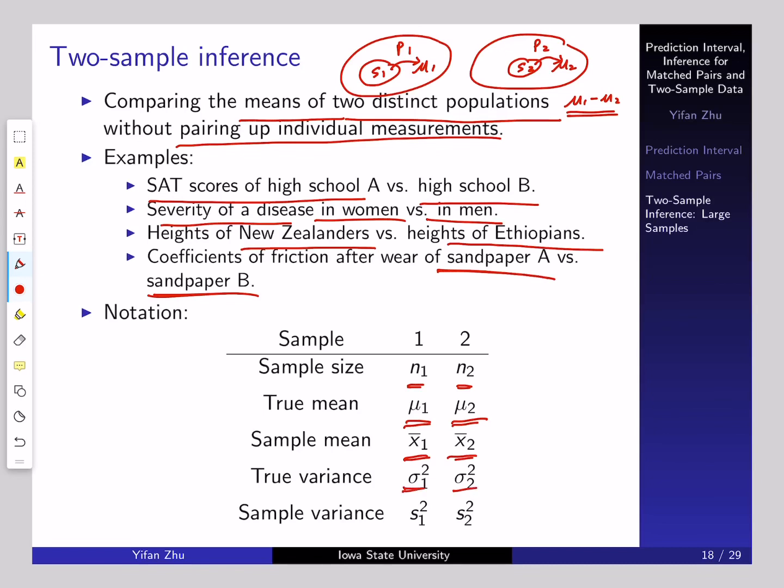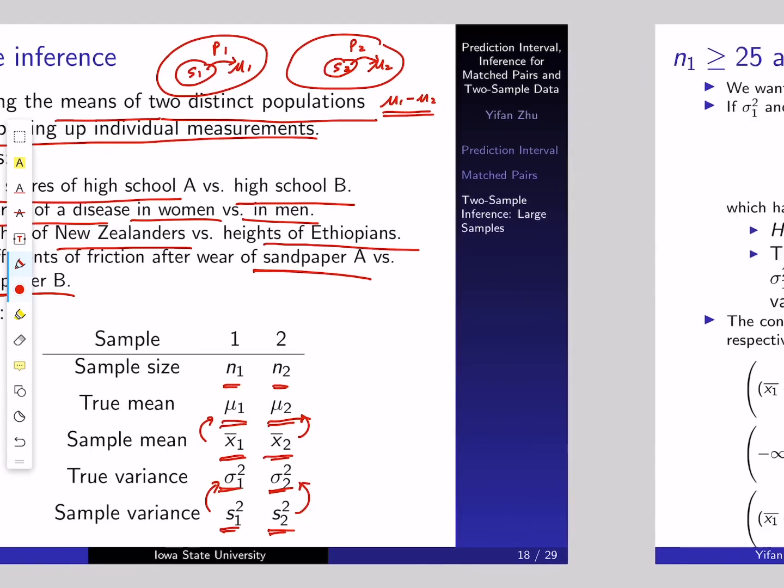The true variances are sigma 1 squared and sigma 2 squared, and sample variances are s1 squared and s2 squared. So x1 bar and x2 bar are estimates for mu1 and mu2, and s1 squared and s2 squared are estimates for sigma 1 squared and sigma 2 squared.